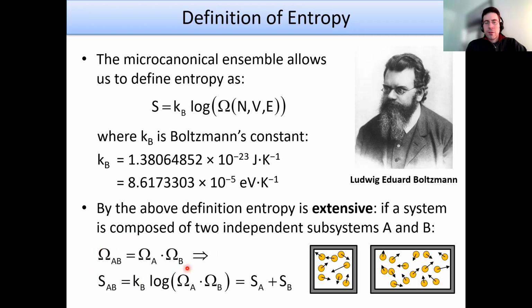Do you guys understand this formula here? So I say that the degeneracy is going to be the product of these two degeneracies. Why is that?